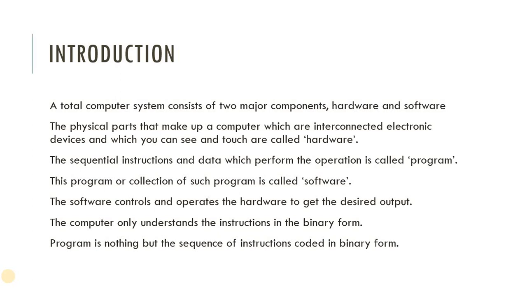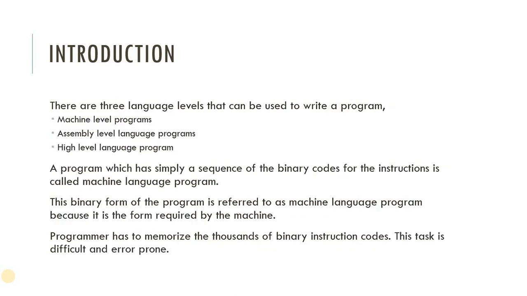So a program is nothing but a sequence of instructions coded in binary form. Anything that we are giving to the computer or the software is called a program. And the instruction that we are giving to the computer is decoded in the binary format.